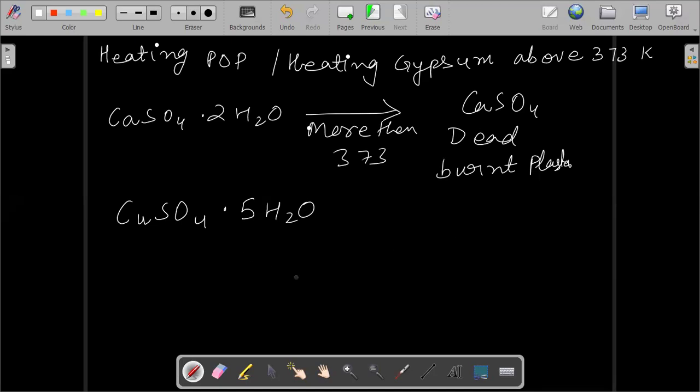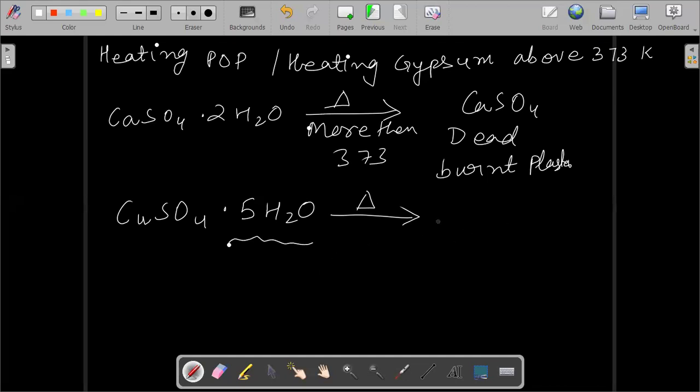It's blue vitriol, or we also call it crystals of copper sulfate. So what will happen if you heat this?